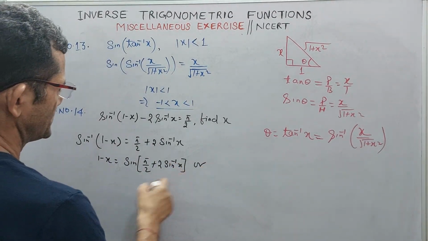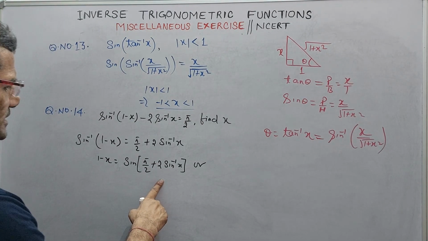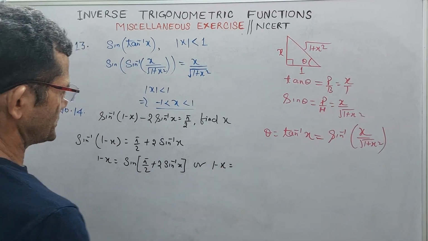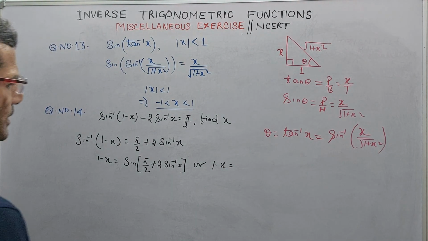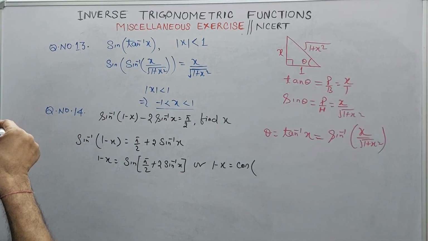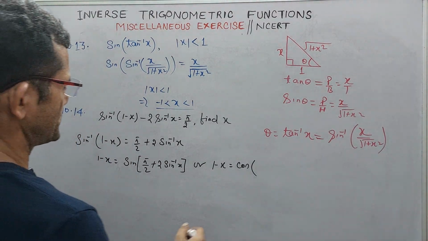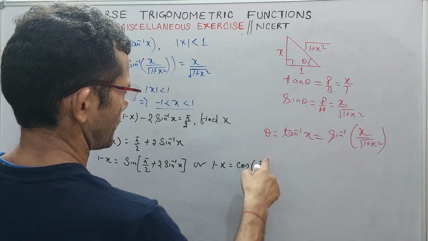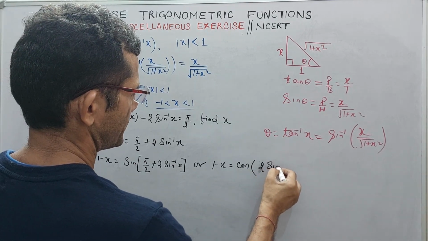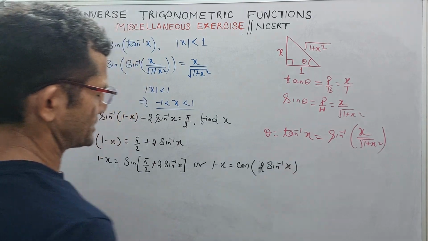Now sin of 90 plus theta, second quadrant angle, becomes cos theta. So therefore 1 minus x is equal to cos of 2 times of sin inverse x.